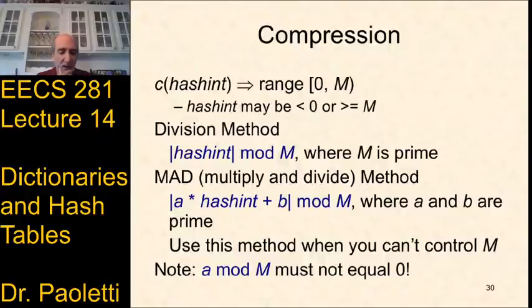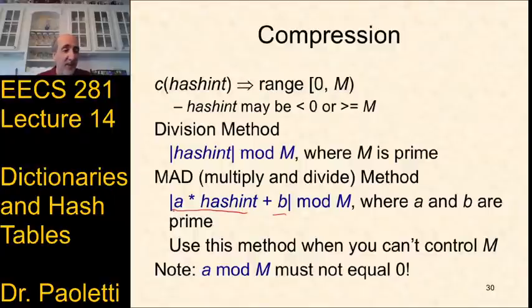So what about if I get some primes in there some way? All right, if I pick 2 primes, A and B, I pick those up front because I can't control M. So what I do is I take my hashed integer, whatever my translation function gives me, times the prime A, and I add the prime B, and then I take modulo M. This will produce a little bit fewer collisions.